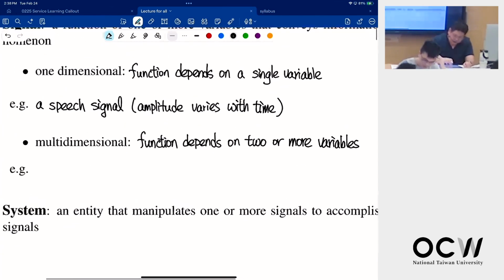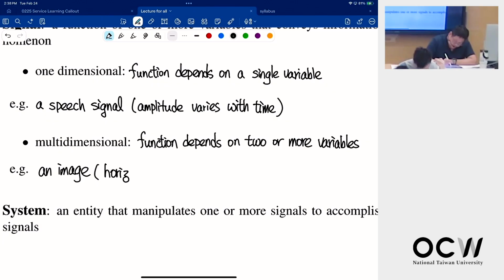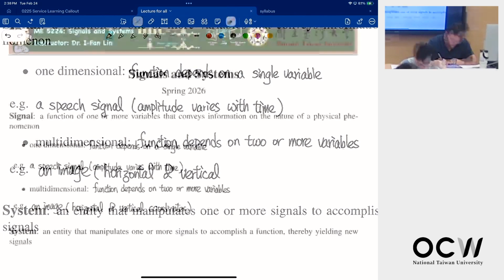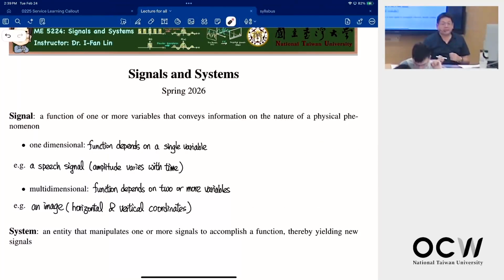The example is an image, because we have the x and y coordinates, horizontal and vertical coordinates. This is the signal.